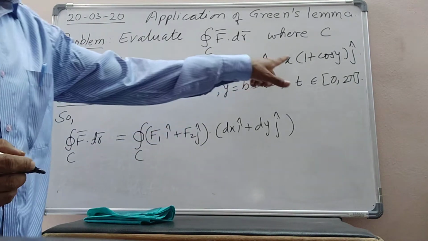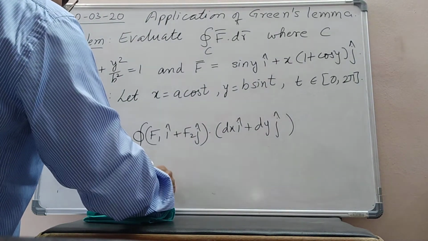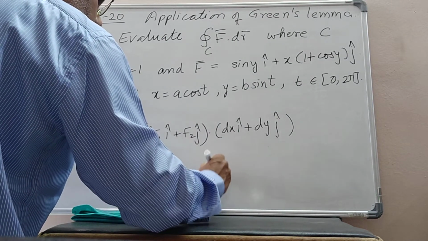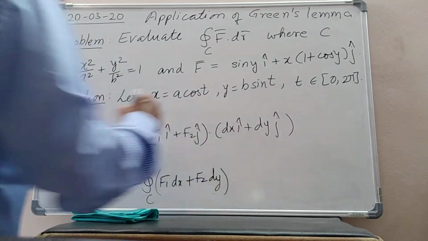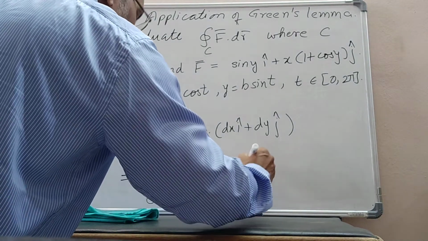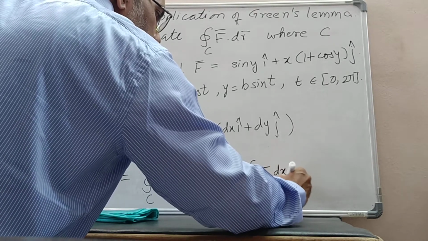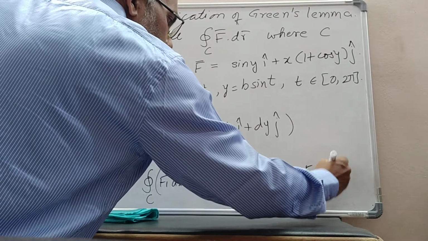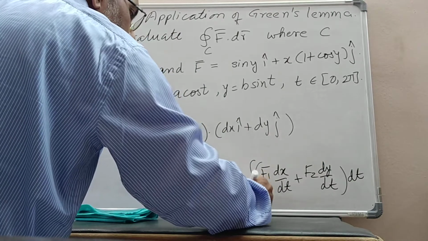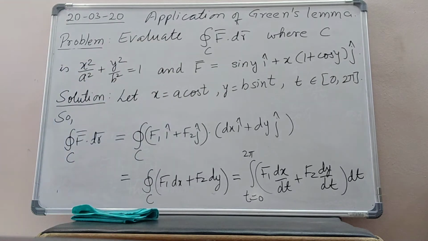What is f2? f2 is x into 1 plus cos y. This thing is equal to the integral of f1 dx plus f2 dy. Since I'll be using this parameterization, I will prefer to write this as f1 dx/dt plus f2 dy/dt dt, t going from 0 to 2 pi.